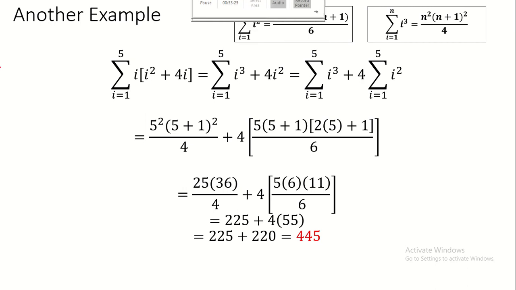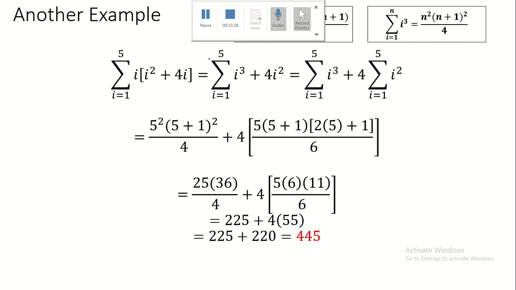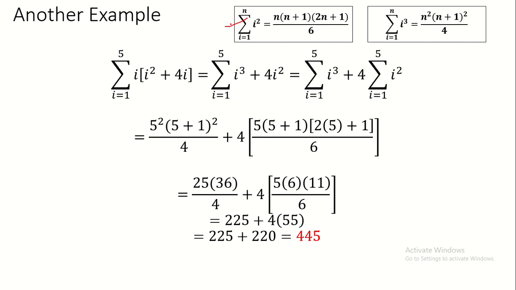Let's have another example. So this time, we're going to use the formulas in finding the sum of the cubes and the squares of the first positive integers.